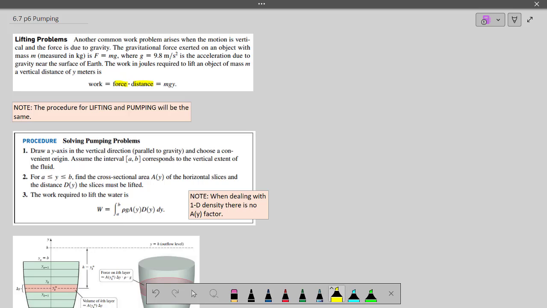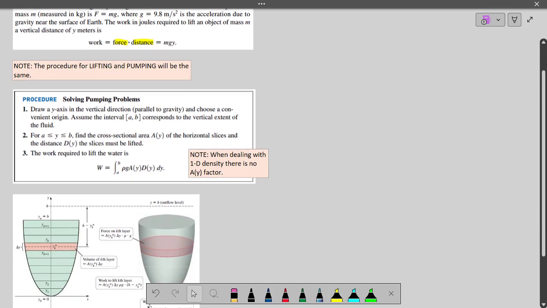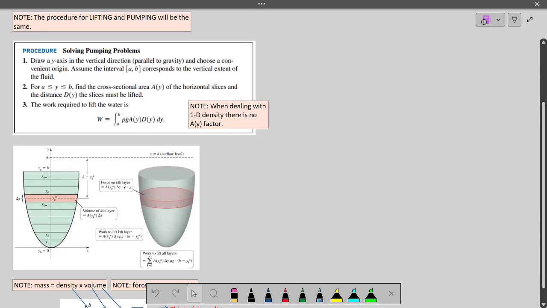Now, with the tanks, we don't have that simple case anymore. The force is going to be variable because we have all these cross sections that have variable area. And they're moving different distances too. So distance is a variable too. Like the cross section right here is going to move further than the cross section right here if we're pumping out the top. It also has a different area.